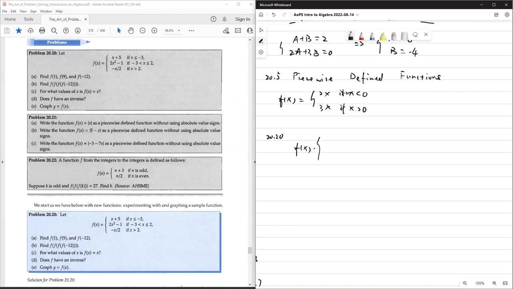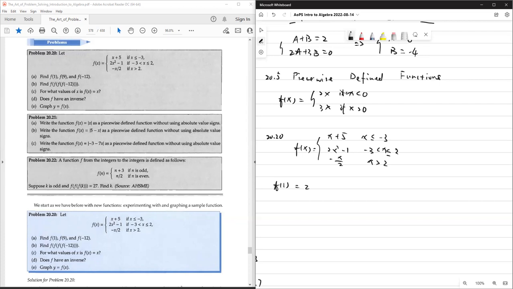So we have f of x. This function is defined in 3 pieces. x plus 5 when x is less than or equal to -3. 2x squared minus 1 when x is between -3 and 2, up to and including 2. And negative x over 2 when x is greater than 2. So if I were to say f of 1, where does 1 belong in this range?